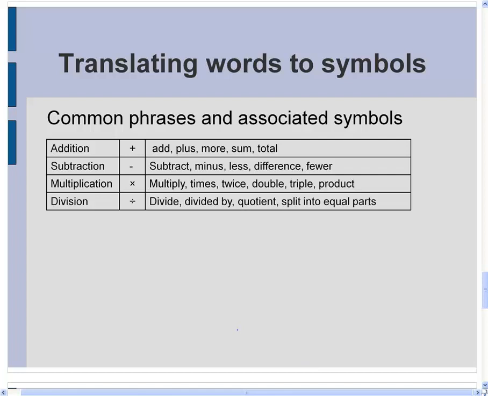Similarly, for subtraction, we have subtract, minus, less, difference, and fewer. For multiplication, we have multiply, times, twice, double, triple, and product.